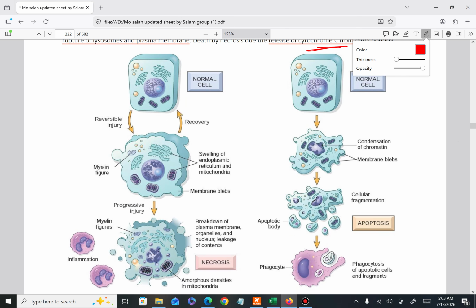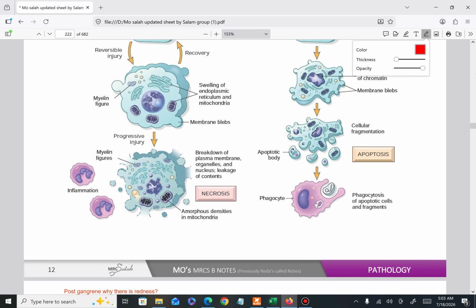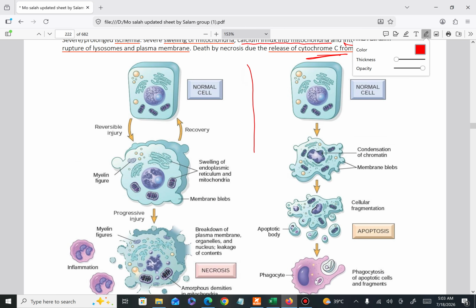This diagram shows the steps in necrosis and apoptosis. This is necrosis and that one is apoptosis. This is a normal cell with the nucleus and all the organelles. But due to prolonged or severe ischemia, there is swelling of organelles like the endoplasmic reticulum and mitochondria, and calcium influx occurs in these organelles.